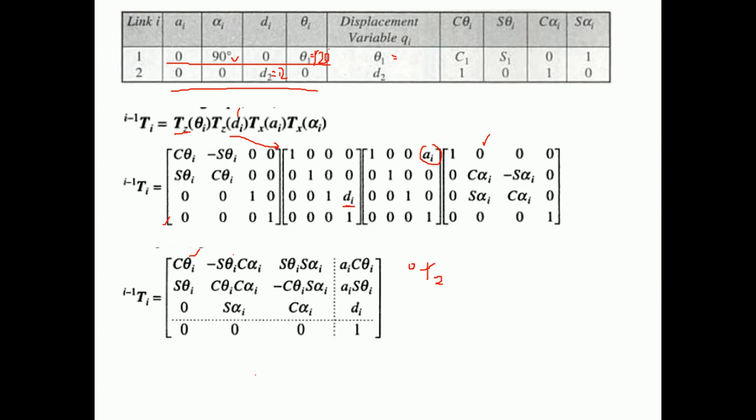So with respect to that, we have to find the point of frame 1 in frame 0, and then the second matrix which we are trying to find is point in frame 2 to frame 1. In such a manner you can find the final homogeneous transformation matrix. I already did this by putting the values and keeping the end effector homogeneous transformation matrix, which I am going to show you in the next slide.